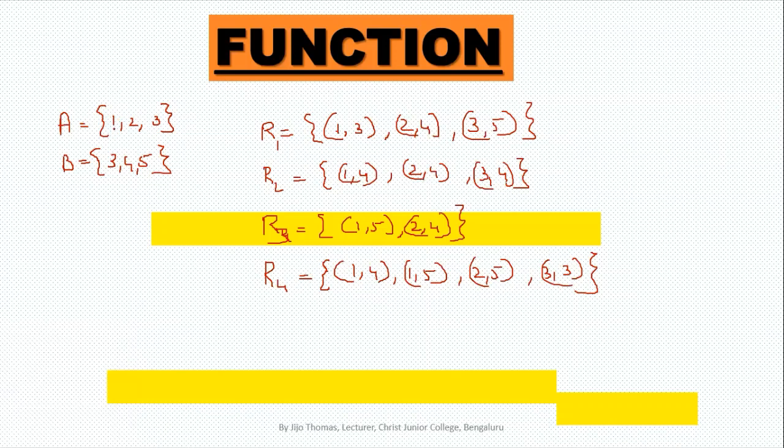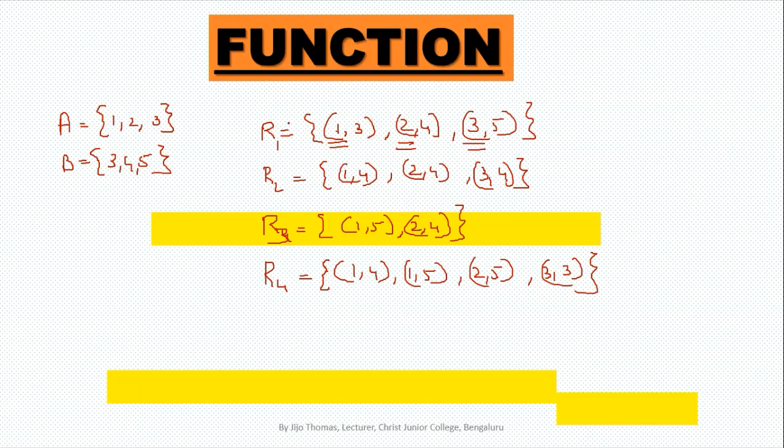That is, the set A, 1, 2, 3 is there as first element in the ordered pair, and it should not repeat. That is, 1, 3 is there, again 1, 5, 1, 4 should not be there. Such a relation is said to be a function.